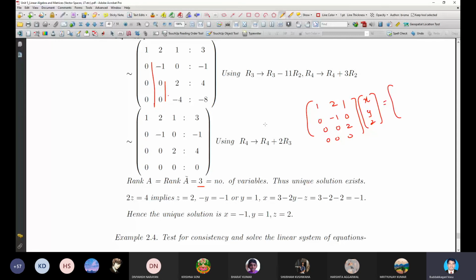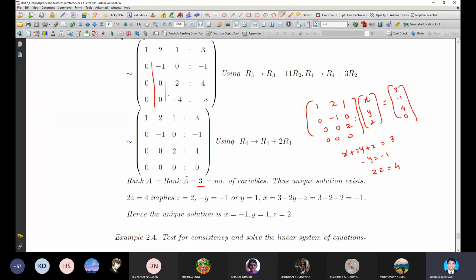The zero row is not needed. Now write them in equation form: X plus 2Y plus Z is equal to 3, minus Y is equal to minus 1, and 2Z is equal to 4. These are the three equations we obtain from this row echelon form, which result in Y equal to 1 and Z equal to 2.